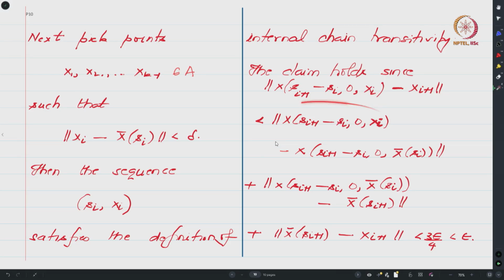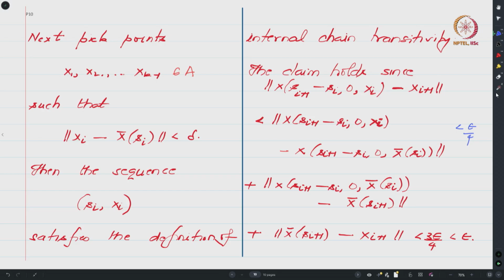And the first term over here is less than epsilon over 4 because xi and x bar si are delta away from each other. Why are they delta away from each other? Well, we have chosen xi to be delta away from your x bar si. So these two initializations are delta away, and hence this distance should be upper bounded by epsilon over 4.